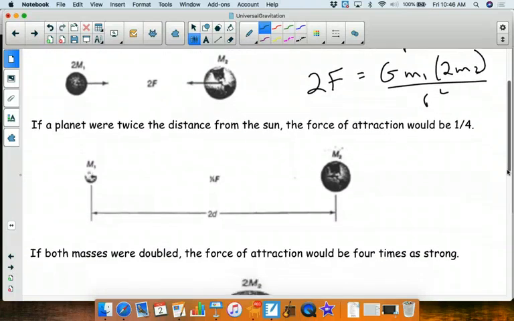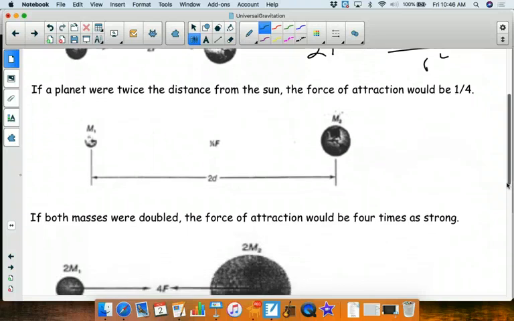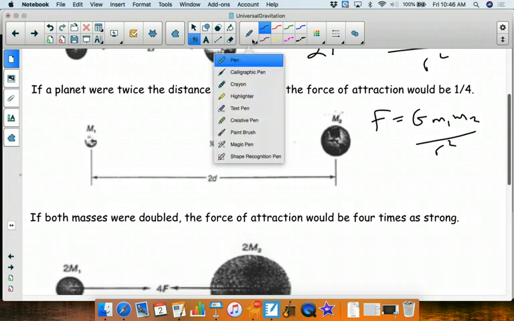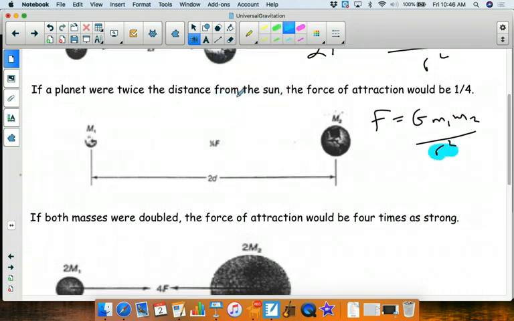If a planet's twice the distance from the sun, or twice the distance from the other thing that's affecting it gravitationally, then you get 1/4 of the force, right? Because force, again, is G m1 m2 over r squared.